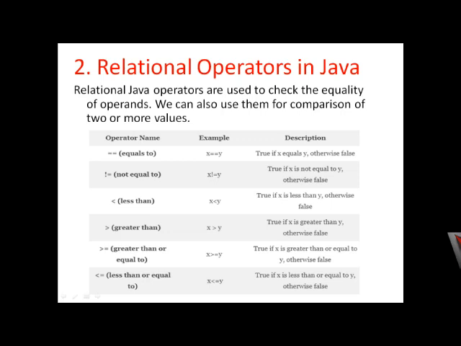Let's look at the operators' names. Equal equals to, two equal signs: if I say x equal to y, it checks whether the values of x and y are equal or not. It may be true, it may be false, so the result will be given as true or false.